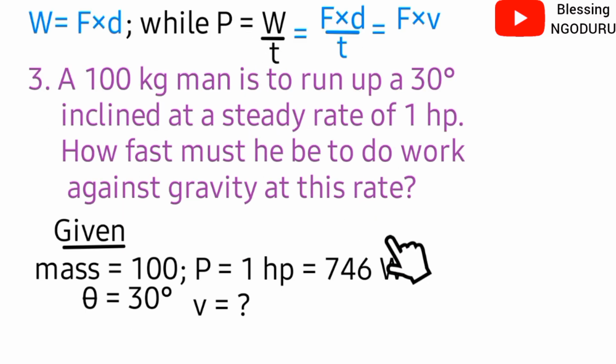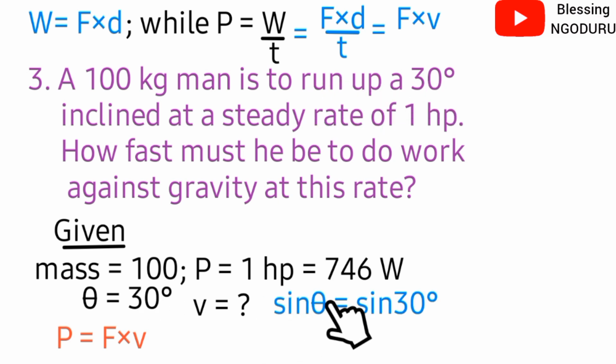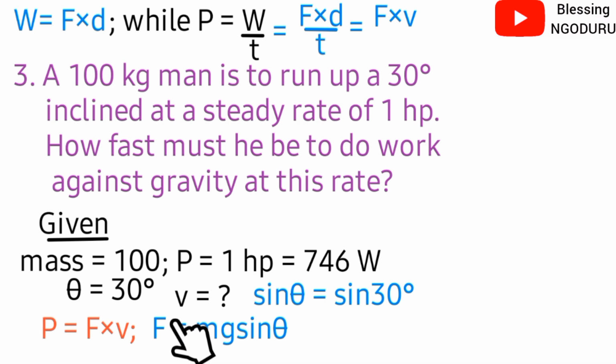We have power here. Looking at these three formulas, remember we are asked to look for v, that is the speed or velocity. So we'll make do with this formula. That is P equal F times V. We are told that the man ran up an inclined plane. This entails vertical displacement sin theta, that is sin 30 degrees. That is, our force F will be expressed as mass times acceleration due to gravity g times sin theta.